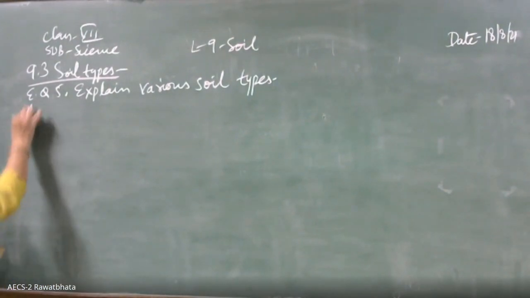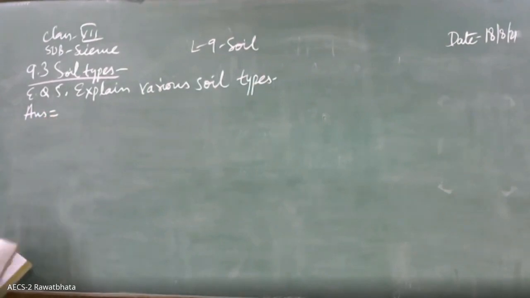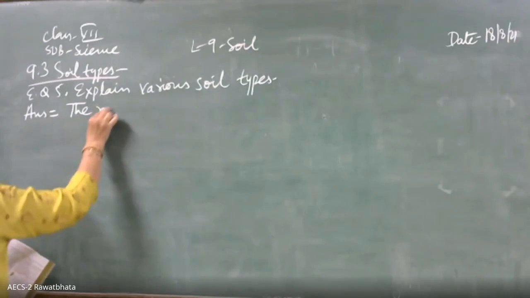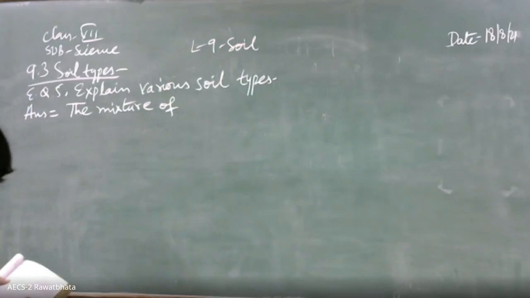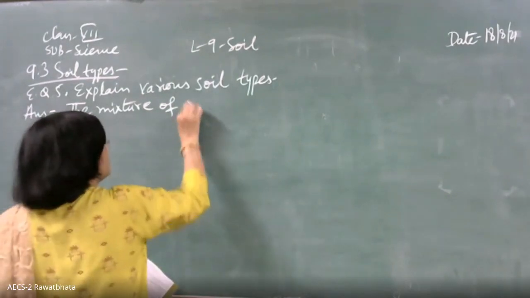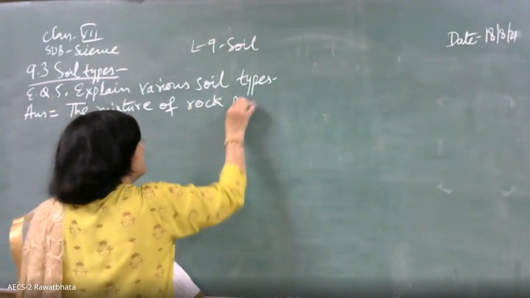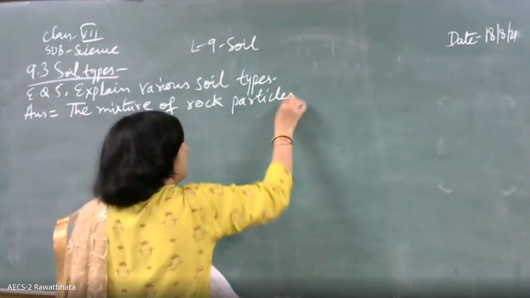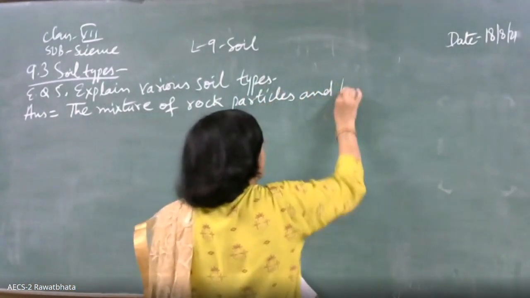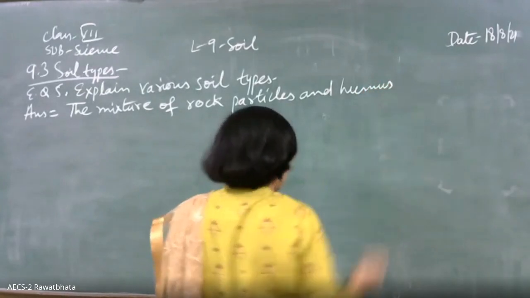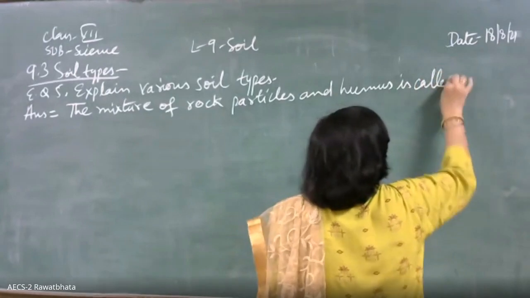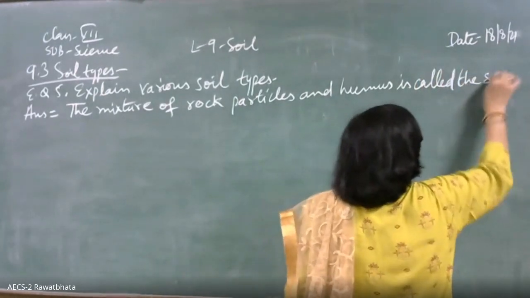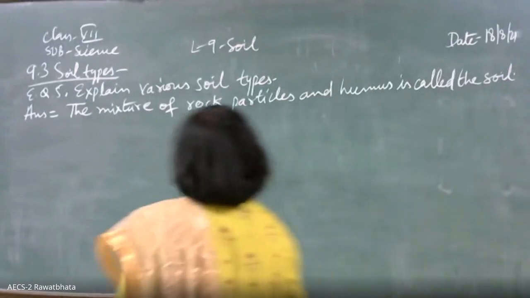First, we should know the definition of the term soil. The mixture of rock particles and humus is called the soil.